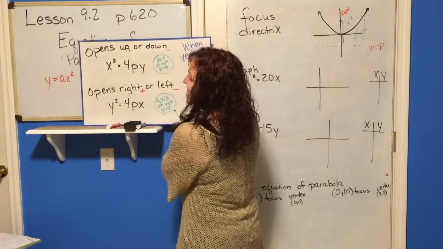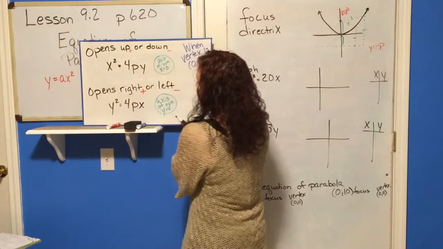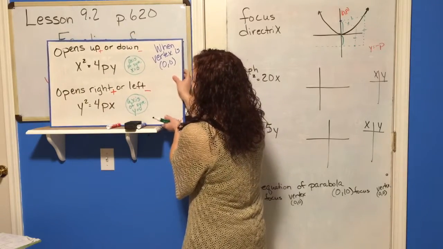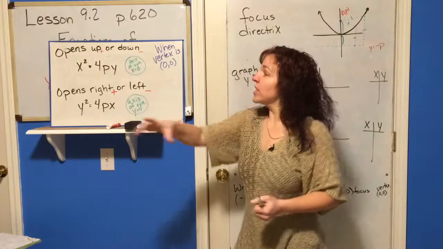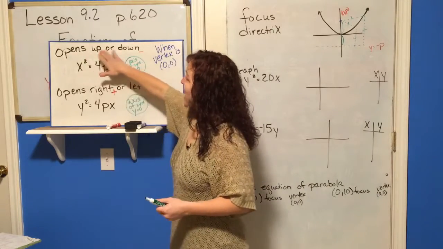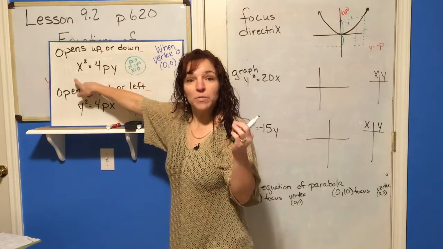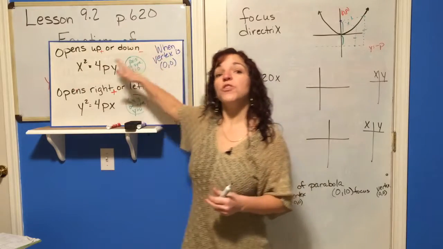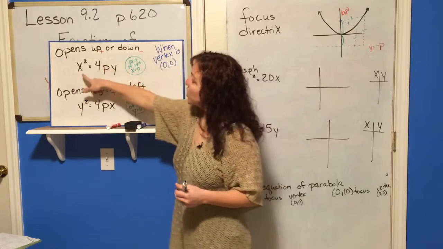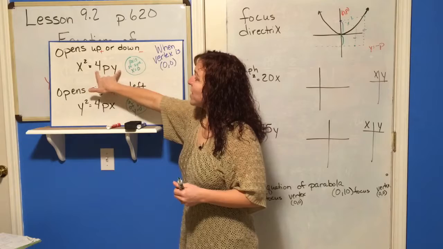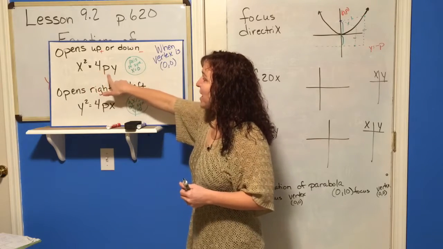We're going to take this formula for a parabola, and because those only opened up or down, if it opens up or down, then the x quantity is going to be squared. And if we solve for the x squared and get x squared by itself, then our formula is going to be 4 times p times y.